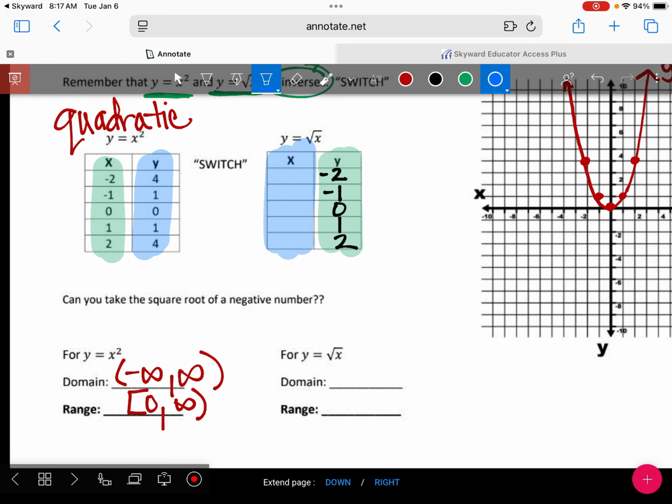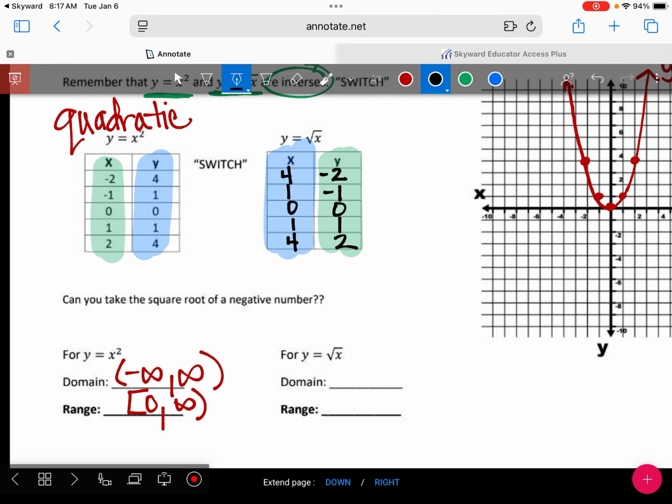And now do the same thing. Take your Y column and put them where your X is, which would be a 4, a 1, a 0, a 1, and a 4.